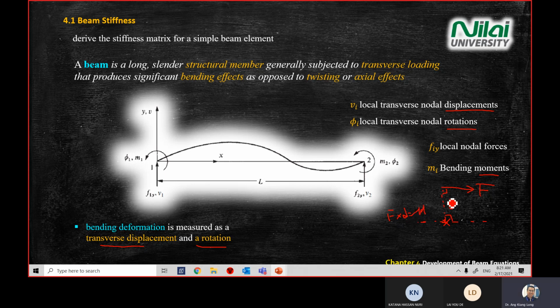So it must be 90 degrees to create a moment direction. In this case, you'll get a negative moment because we assume all moment positive is anti-clockwise. Remember, for this chapter, we assume all the moment anti-clockwise is positive.